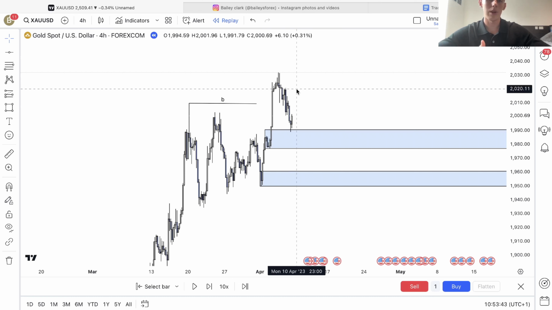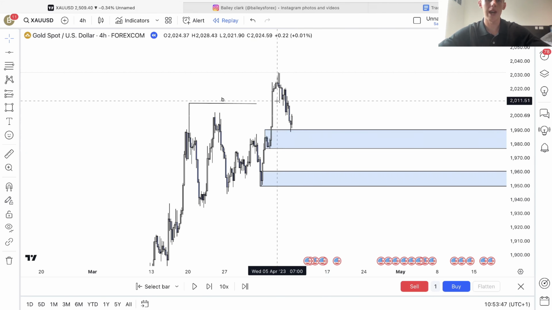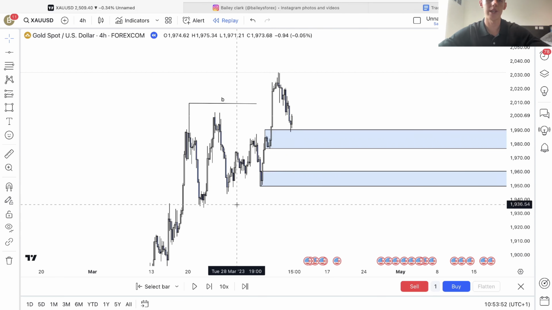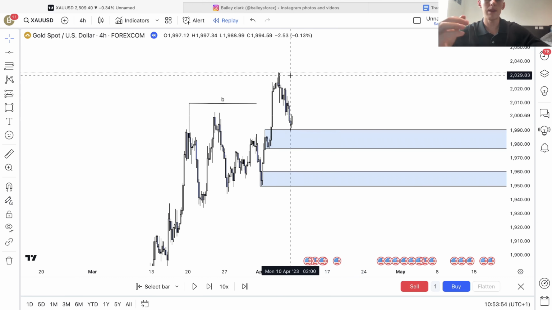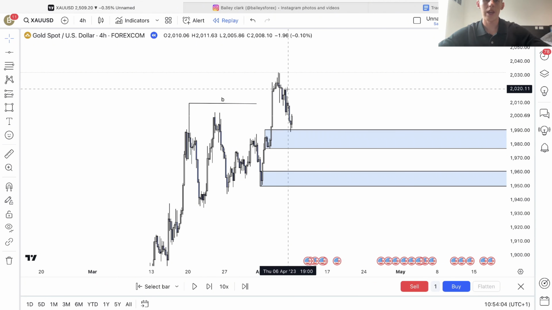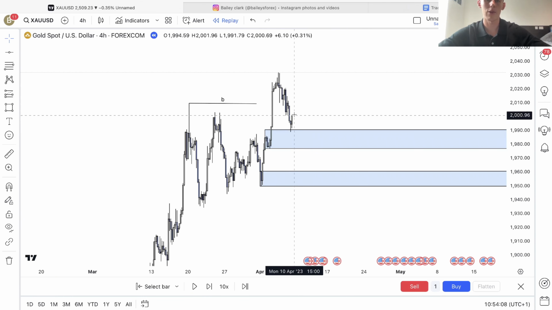And one point to note as well is that because we don't know where price is going to react, either from this one or completely reverse and break these lows, we want to basically be reactive to the market rather than predictive. Essentially meaning that, instead of saying, if price comes into this level, I'm going to buy because I think price is going to buy from this level, we wait for price to come into this level, and then we wait and see how it reacts to that level.